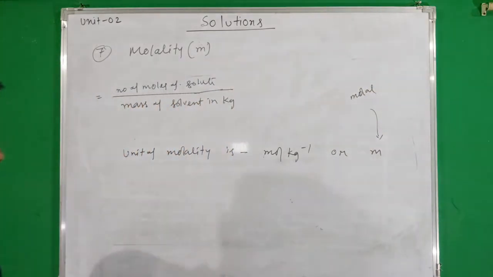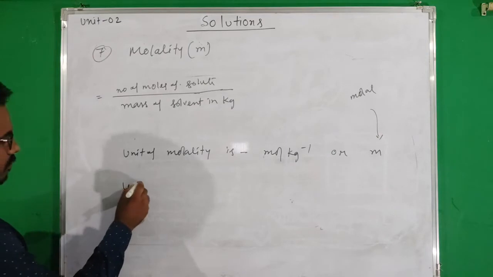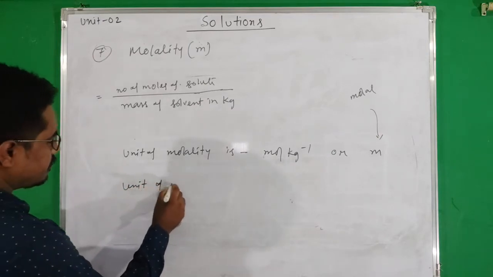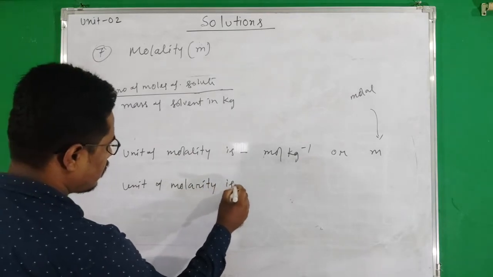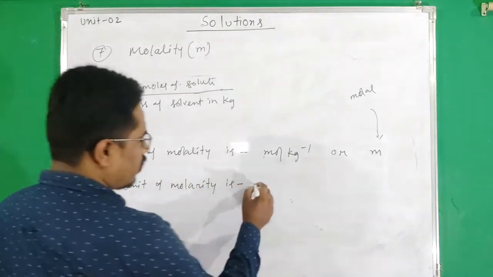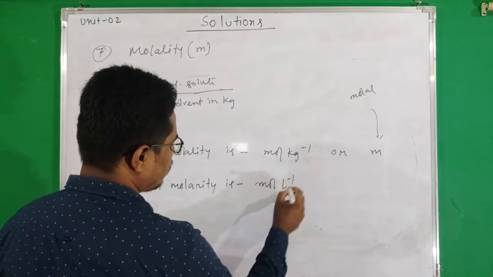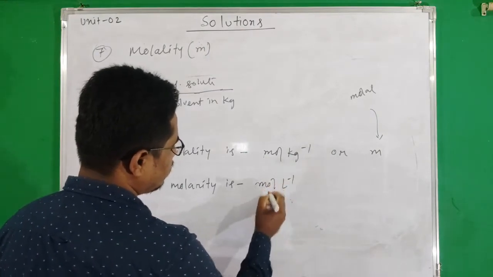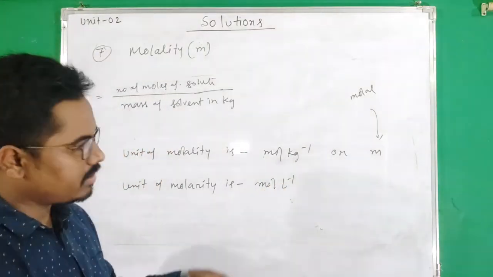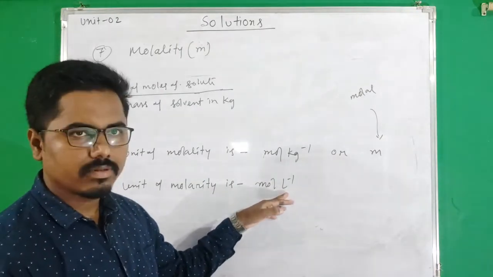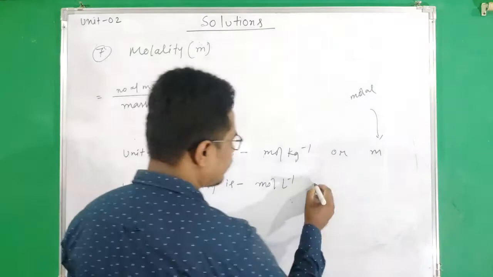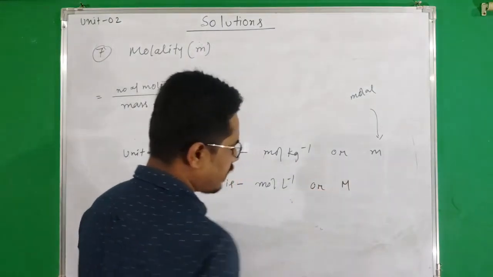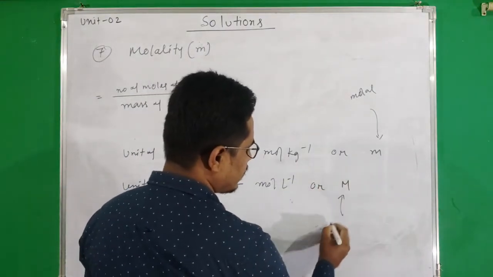Okay, and the unit of molarity is mole per liter, because in that case we have considered number of moles of solute present in per liter of solution. So therefore the unit is mole per liter or capital M, which is known as molar.